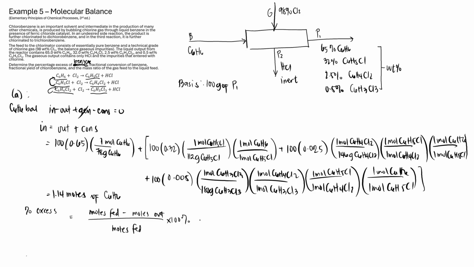Moles fed, that's 1.14. Moles out is 100 times 0.65 times 1 over 78. Right? That's the same term. Over moles fed, which is 1.14.